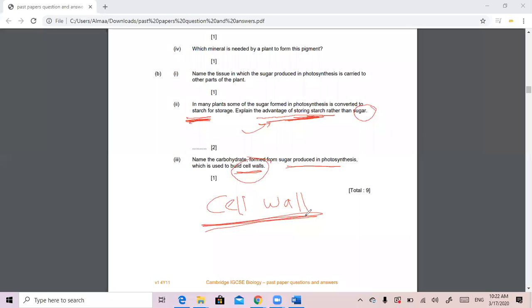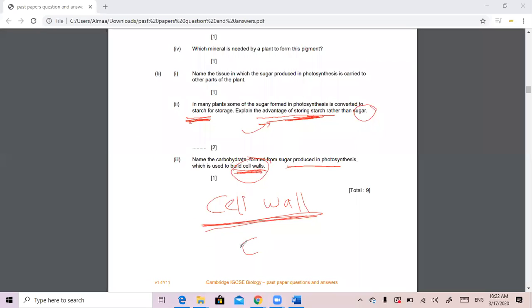Thanks, Hashim, Abdurrahman, Hisham, Nairuz, Tariq. What is the carbohydrate formed from the sugar produced in photosynthesis, which is used in the cell wall? Cellulose. It's called cellulose. Thanks.